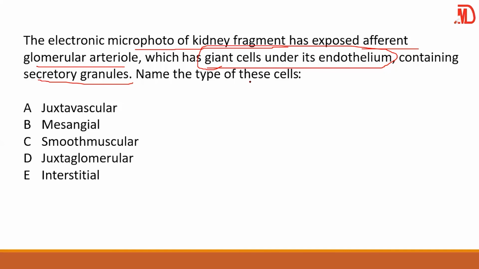So we are talking about the juxtaglomerular apparatus because they have secretory granules. They secrete renin. So over here, you are looking at the juxtaglomerular apparatus. This is not macula densa because in macula densa, you are basically dealing with what?